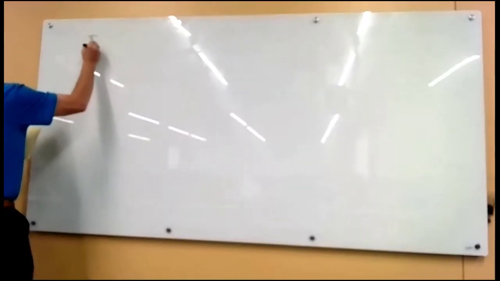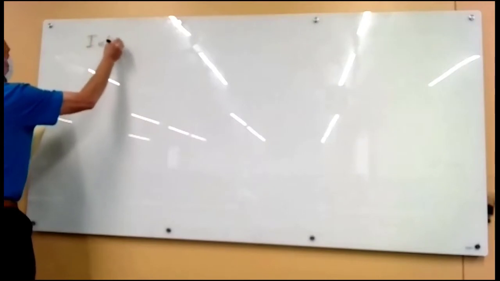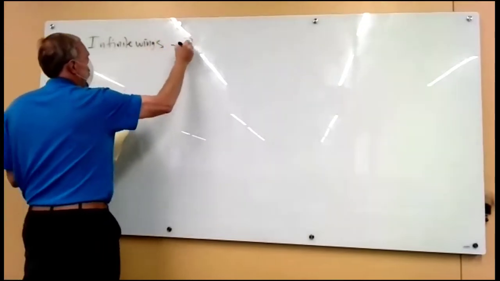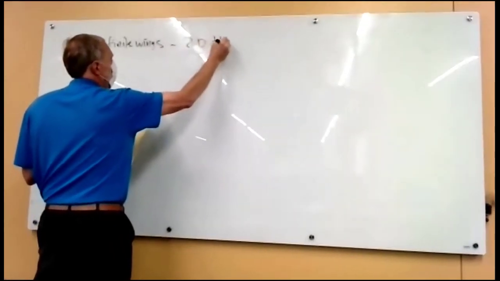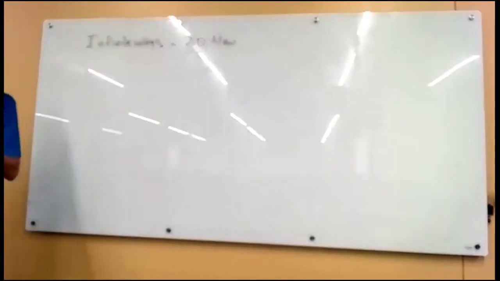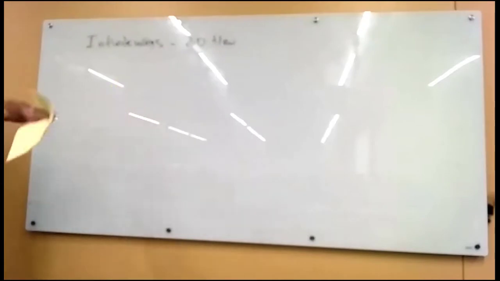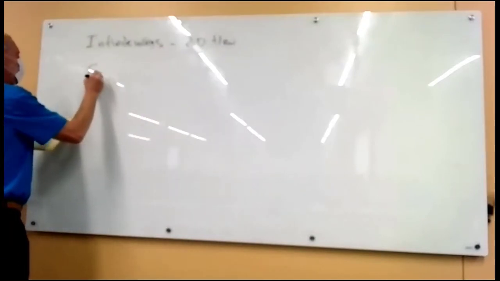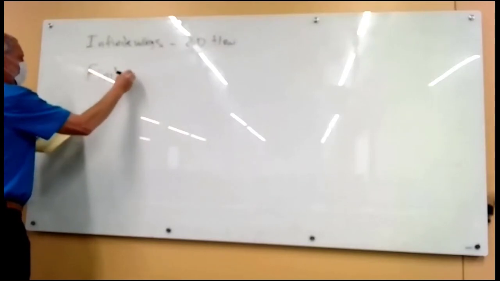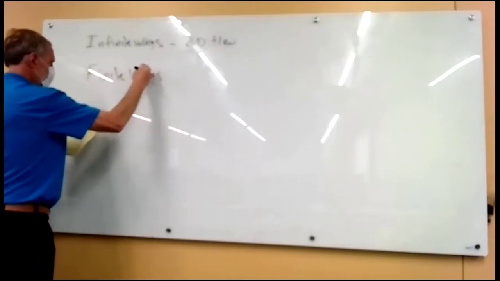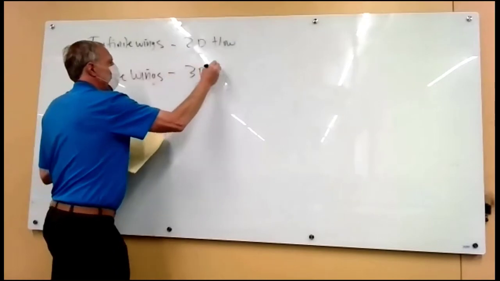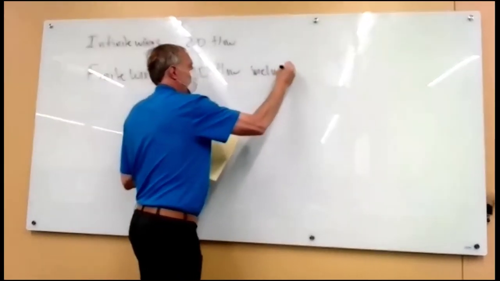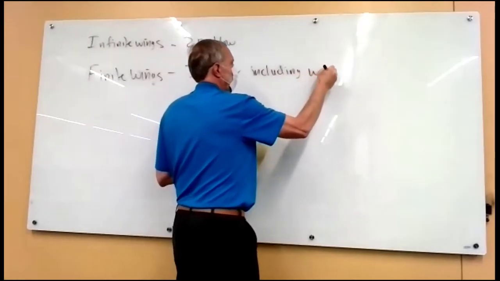So infinite wings have two-dimensional flow, meaning there's no flow along the span or around the wingtips because there are no wingtips. Whereas finite wings have three-dimensional flow, including wingtip flow.